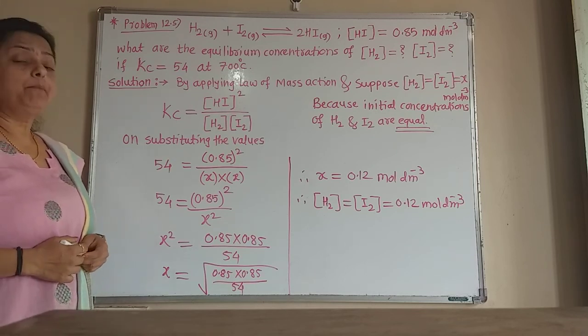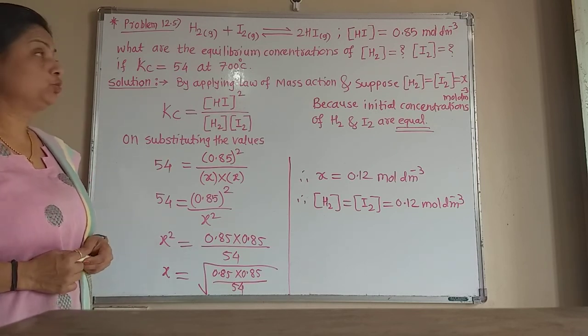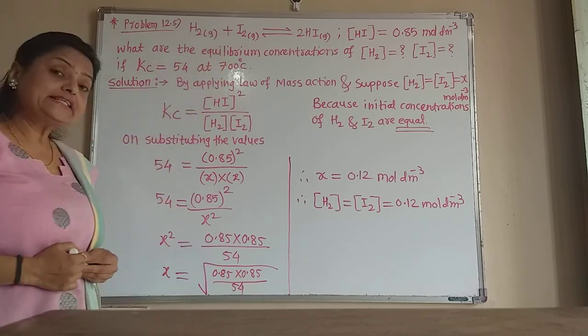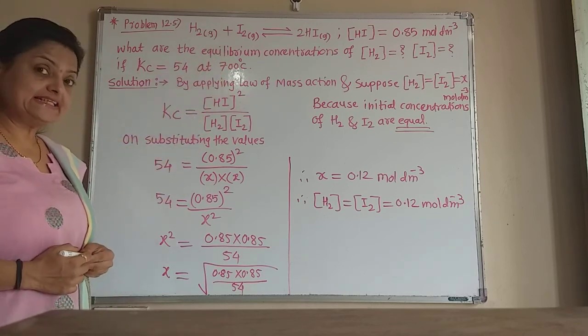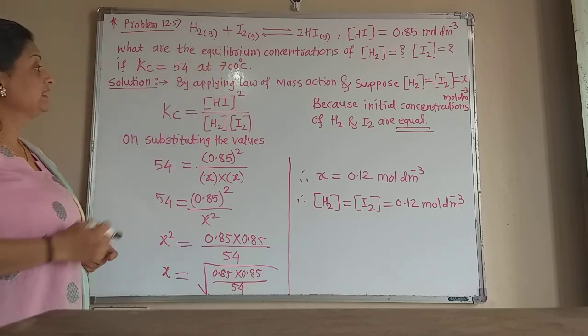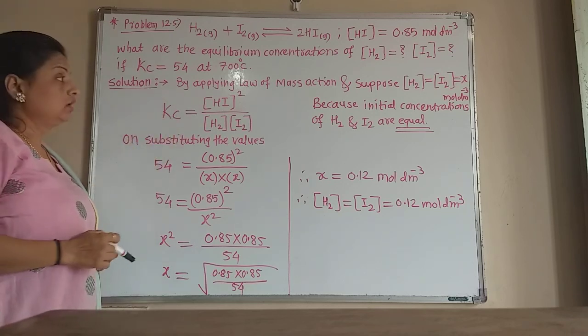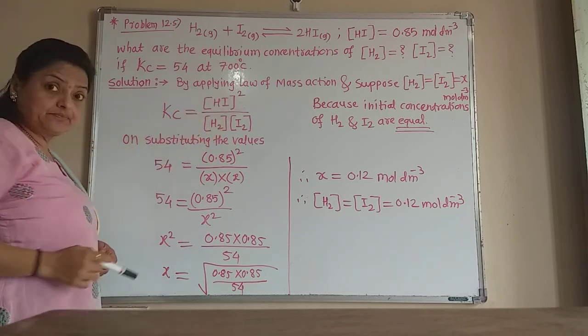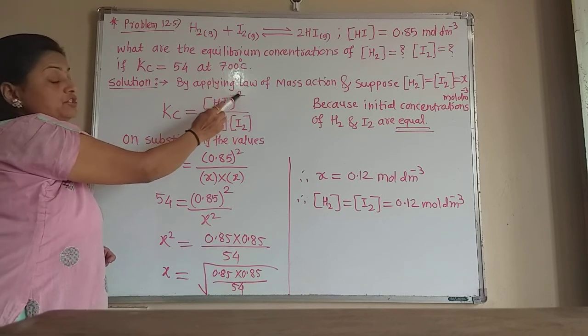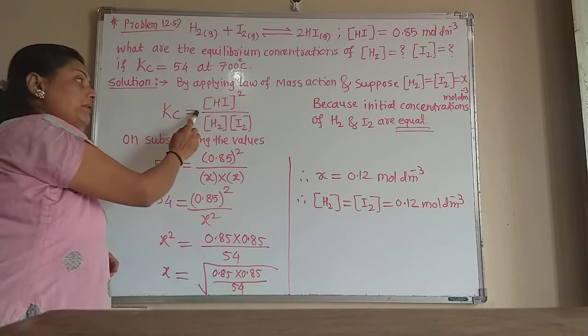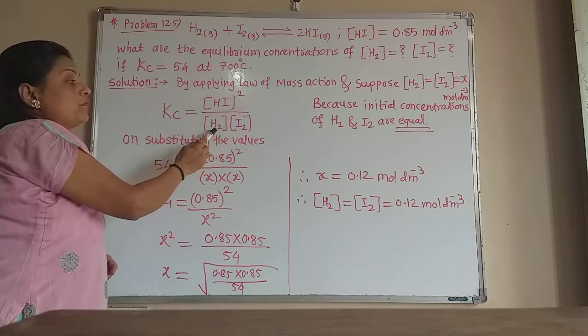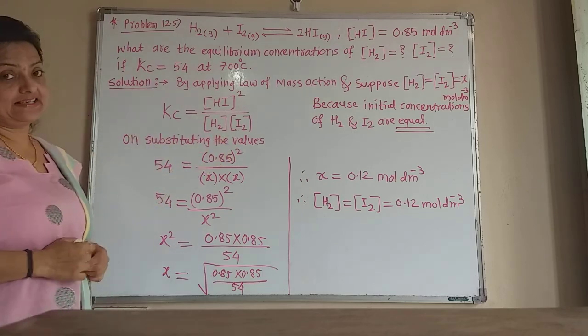Now, by applying the law of mass action to this equilibrium, what is the equation of Kc? Kc is equal to the concentration of products raised to their coefficients divided by the multiplication of the concentrations of the reactants.